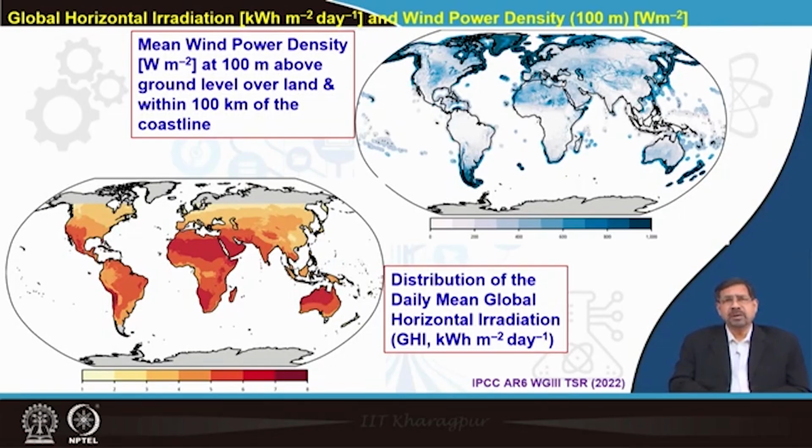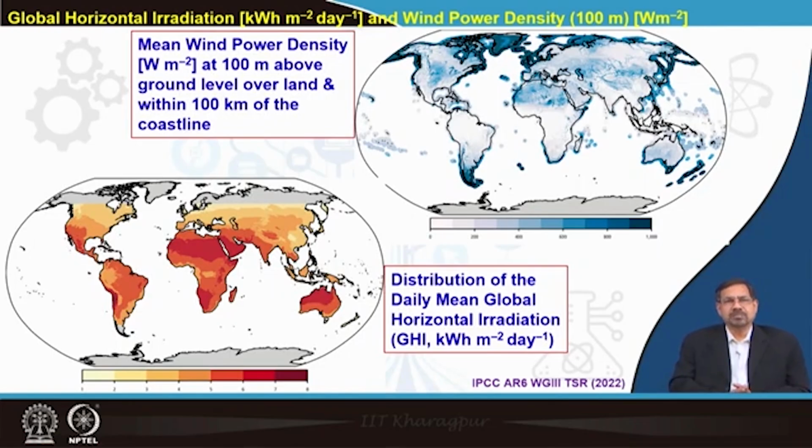Similarly, the wind power is represented in terms of power density at 100 meter in watts per meter square. You can see a lot of wind power is available over the Arctic areas on either end and also the coastal areas. Look at the complementarity.